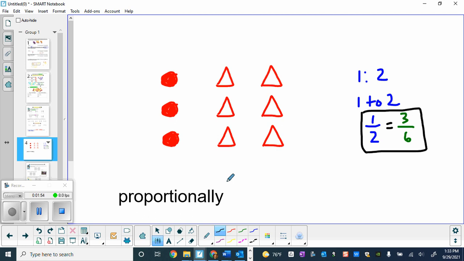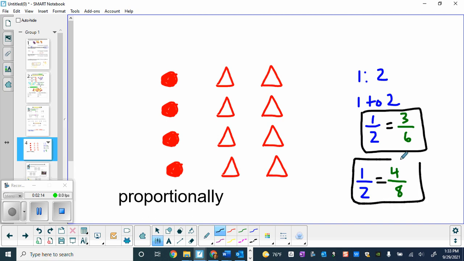If I add in another group, my original ratio, I'll put it back in blue, was 1 to 2. And now I count 4 of these, so I should count 8 of these, and I do, and that's proportional.